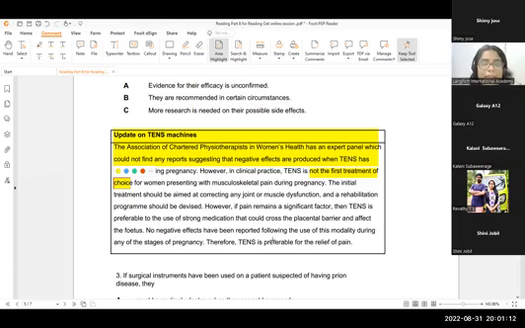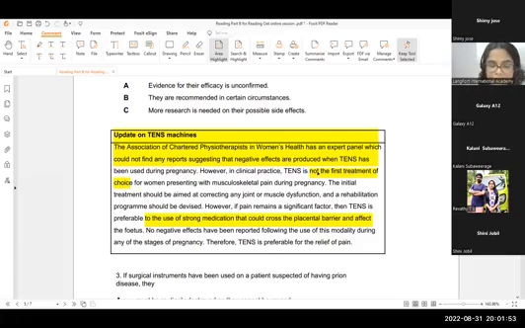And even after doing that, if the pain is a serious problem for the patient, then they're saying we should prefer TENS instead of strong medication that can cross the placental barrier and affect the fetus. So instead of that, they need to use TENS.